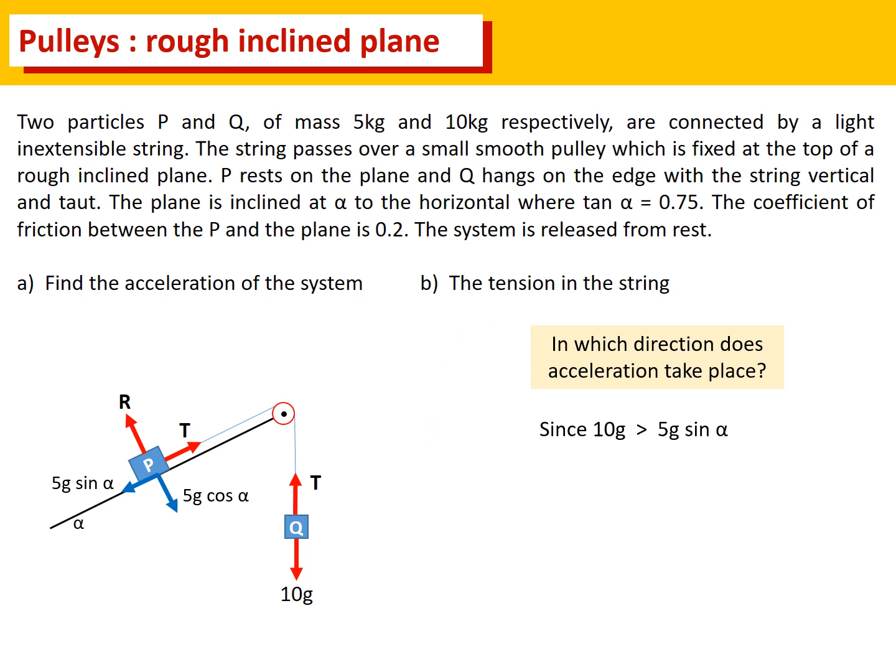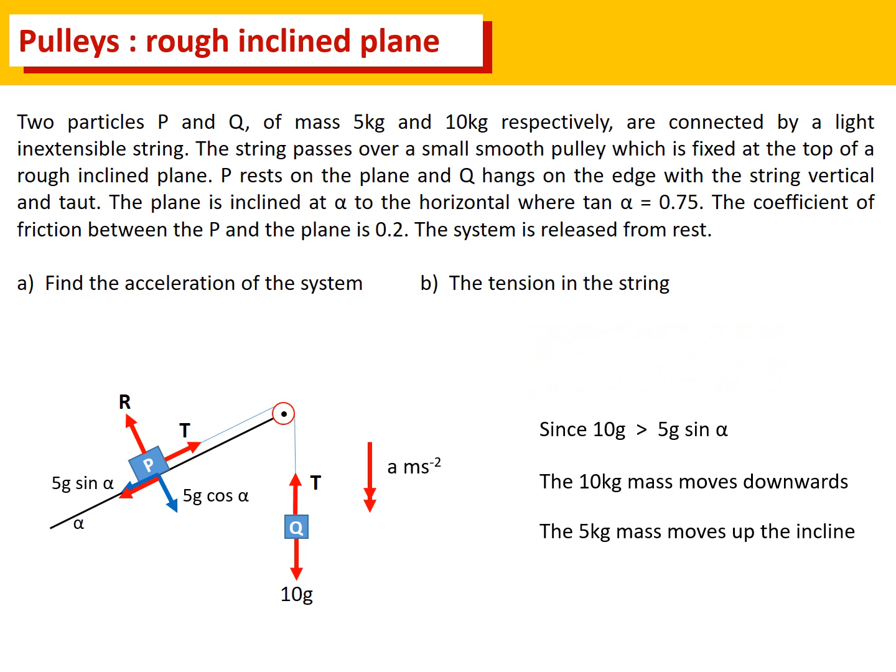So the mass Q will accelerate downwards, and mass P will accelerate up the incline. And therefore, because P is moving up the incline, friction will oppose that motion, so friction will act down the incline.